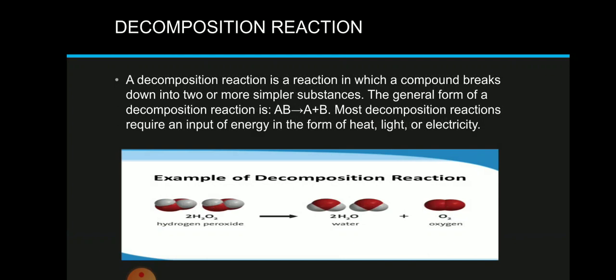On heating, here you can see an example of hydrogen peroxide, H2O2, being broken down into simple forms. Two water molecules, 2H2O, are formed along with one oxygen molecule. So the reaction in which the reactant breaks down into simple substances is known as a decomposition reaction.